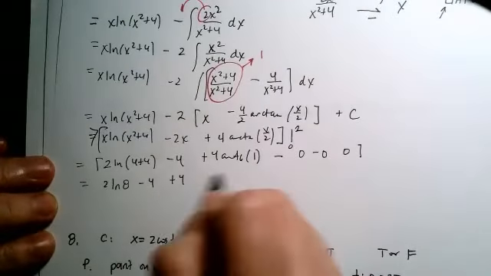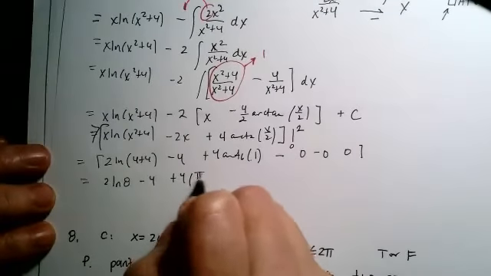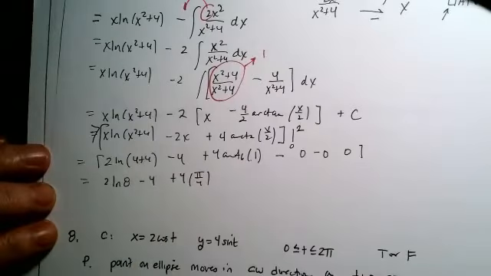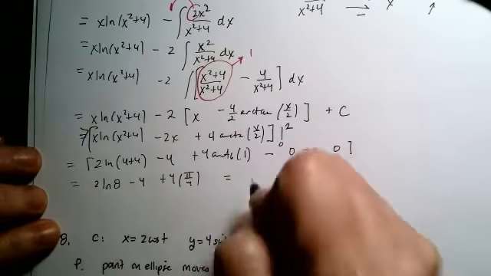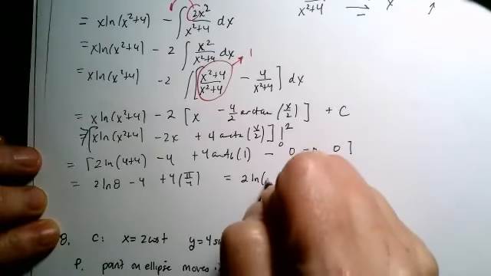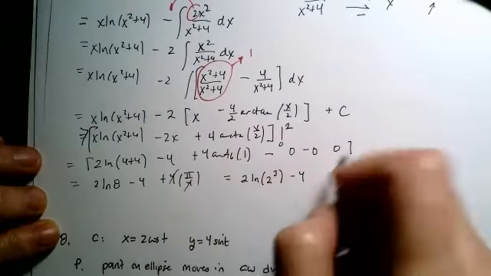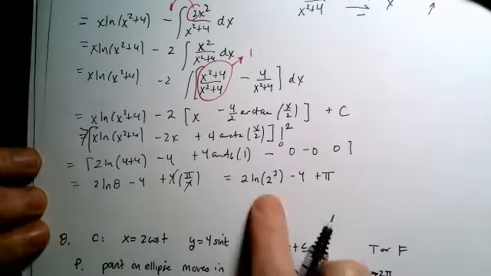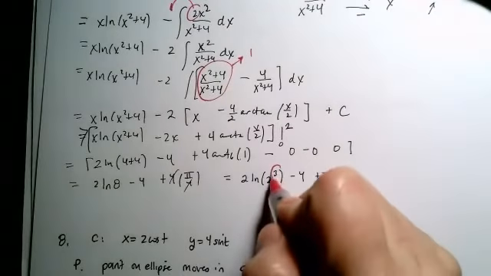And what's the arctangent of 1? Pi over 4, right? Now, I can rewrite 8 as 2 times the log of 2 cubed minus 4, and this will be plus pi. Now, what can I do about this 3?